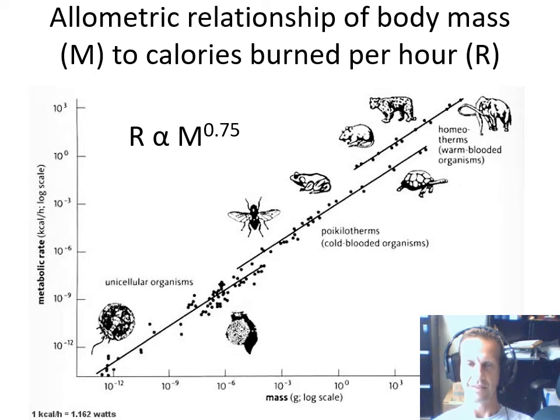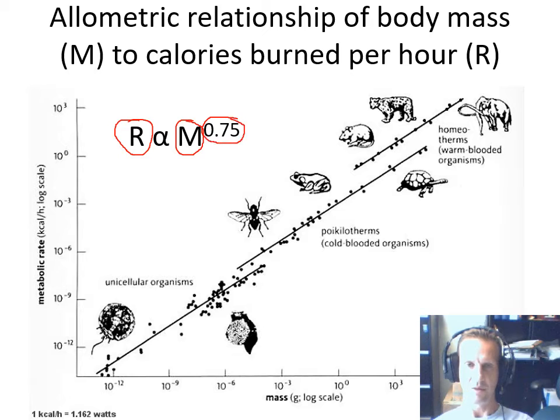So the fact that these larger organisms don't have a one-to-one proportionately larger or faster metabolism than smaller organisms means that the factor by which respiration is proportional to body mass is 0.75.